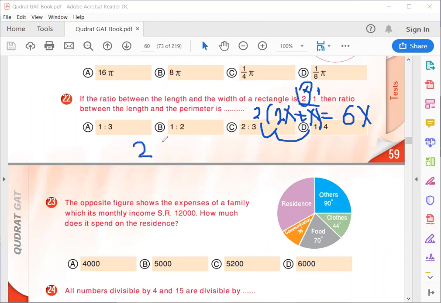So I put 2x to 6x. Then you simplify it by 2. Then x equals 1 to 3, if you want to solve in this way. So the answer is A.